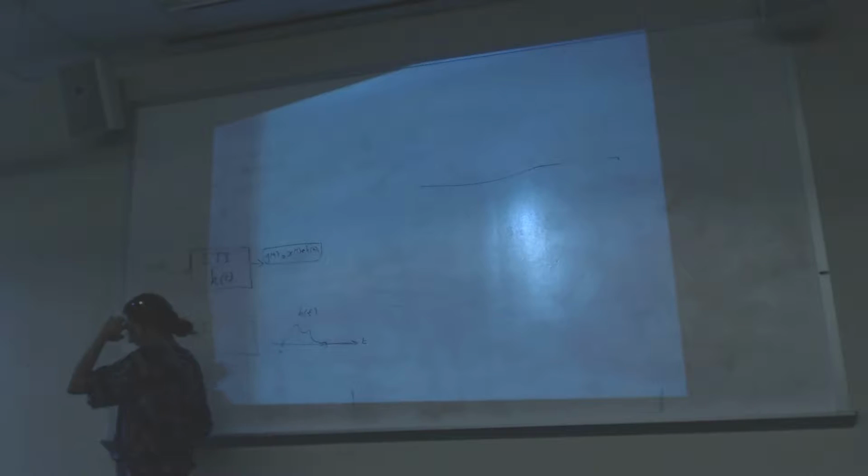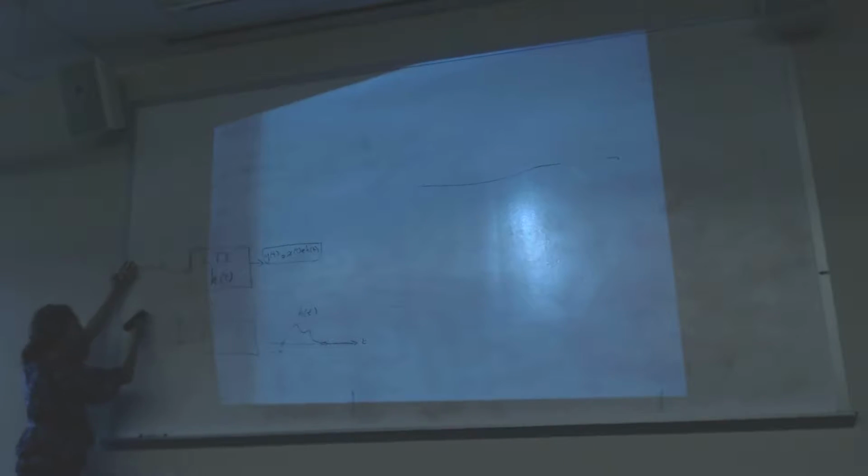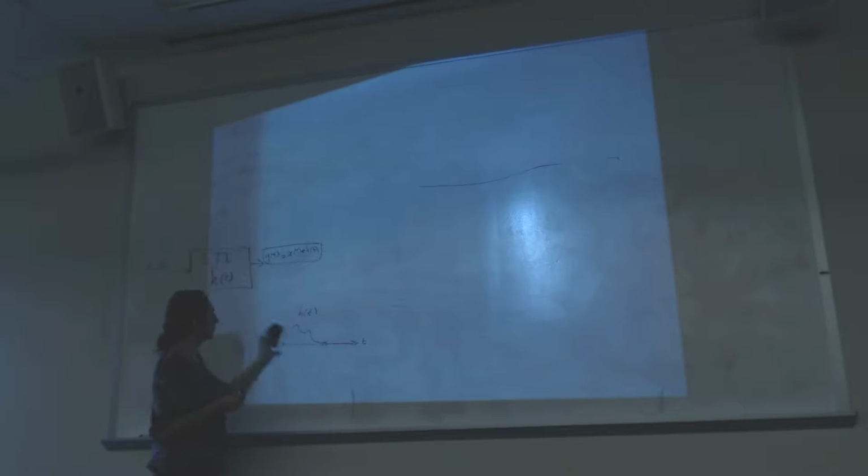As I told you the other time, this is really remarkable because I just test my system for one impulse and I found the answer. From now on, if you give me any input, you just convolve them and I get the output. So this is in the time domain.